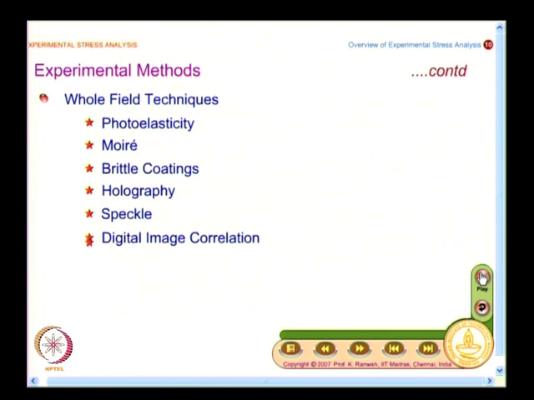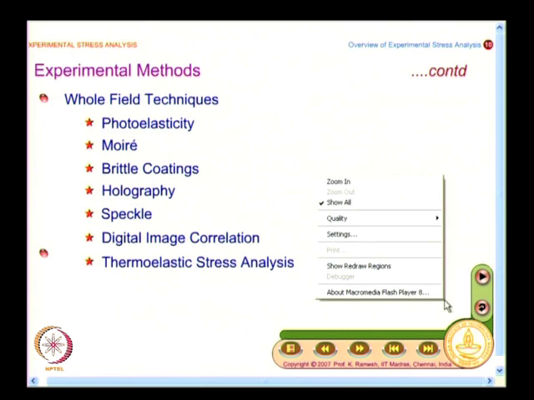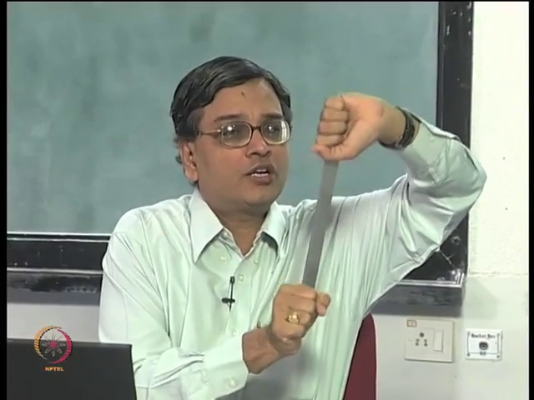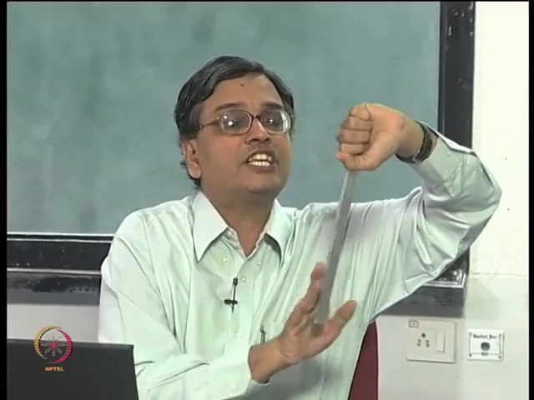Specimen preparation is very simple, surface preparation is very simple, and it exploits computers to the fullest extent for measurement of displacement. Then you also have a technique called thermoelastic stress analysis, and what you have is, when you have a model and then put a cyclical load, the temperature changes. The temperature change is very, very small, and it is measured by a non-contact approach, and that gives you thermoelastic stress analysis.